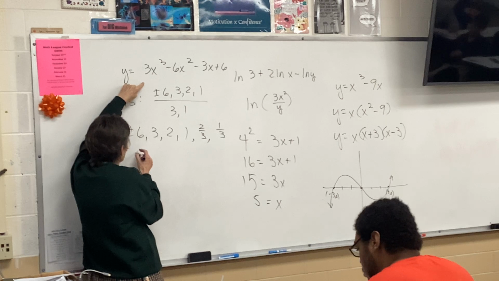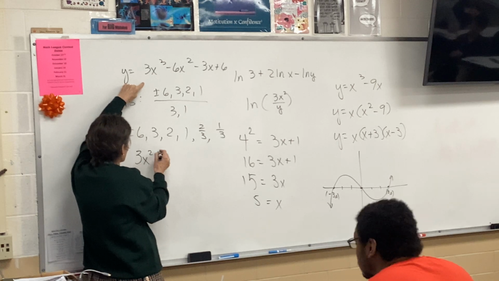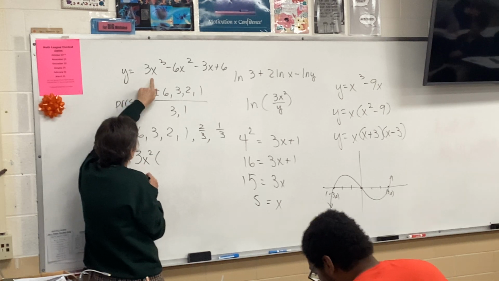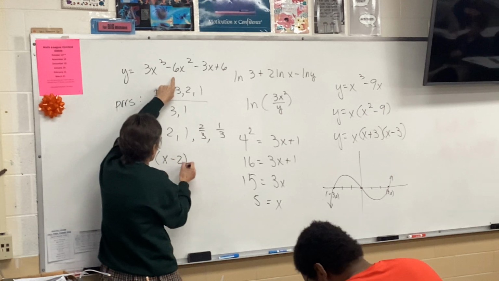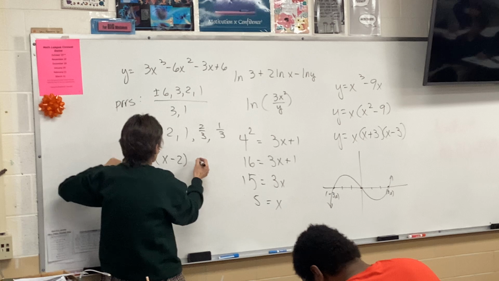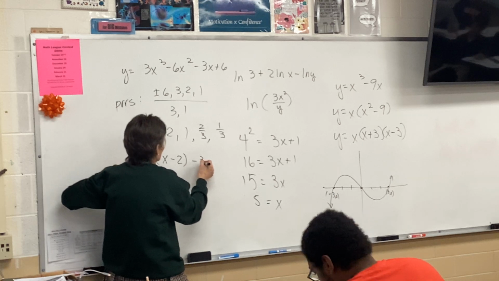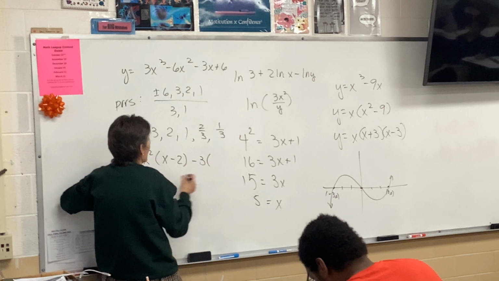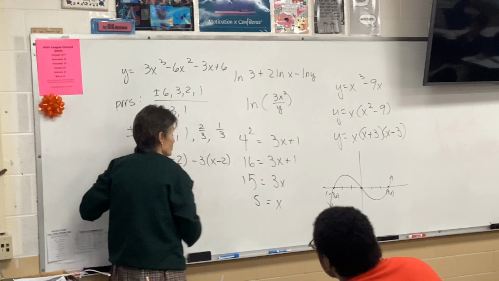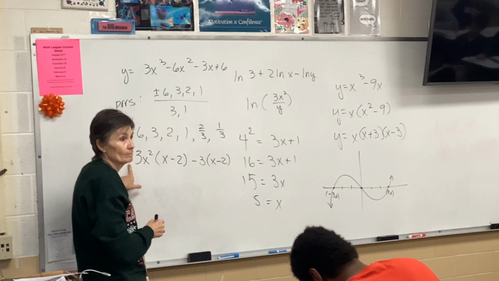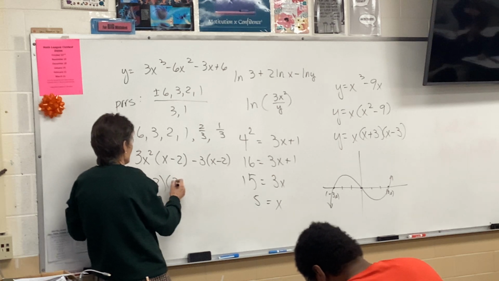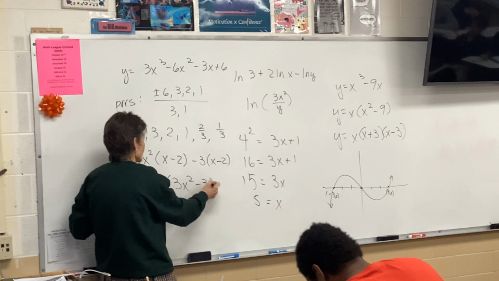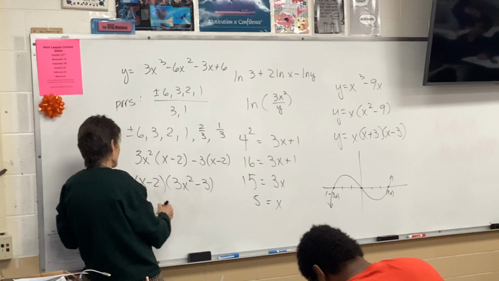If I factor by grouping, I'll take out a 3x squared and be left with x minus 2. And then I'll take out a negative 3 and be left with x minus 2. So x minus 2, 3x squared minus 3. How about that? What can I do with that?